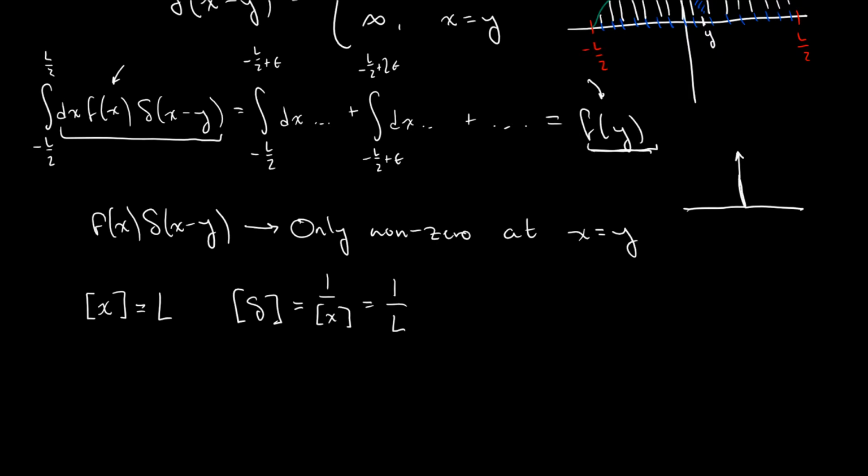So the delta function, weirdly enough, also has units, and the units change depending on what variable you're integrating over. It's just a weird property of delta functions that is important to keep in mind, and it helps with bookkeeping to make sure you're doing everything correctly.